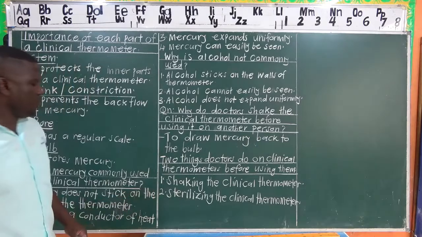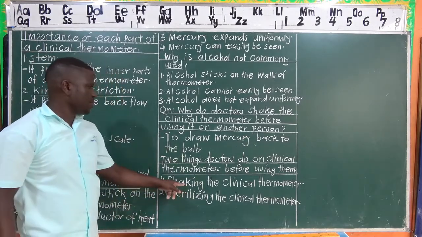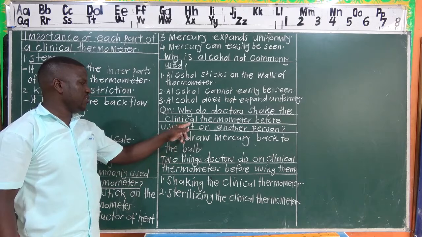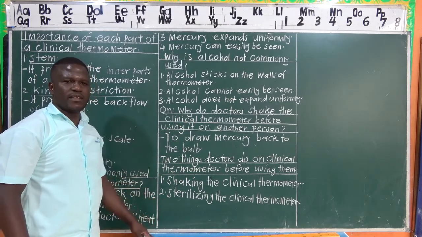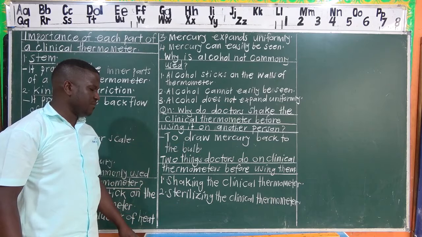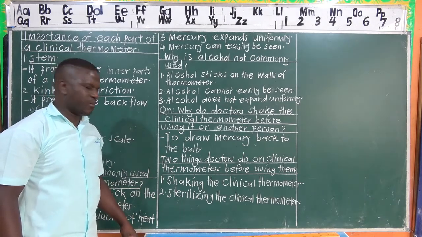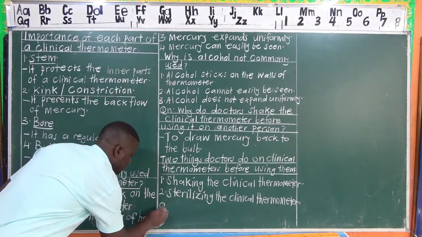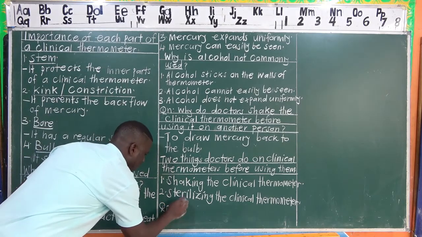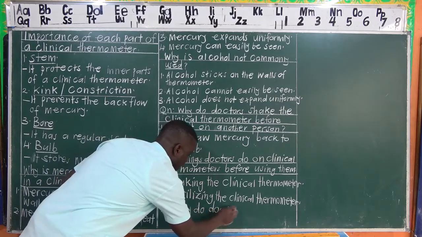Now, why do they shake? The reason why they shake is to draw mercury back to the bulb. Why do they sterilize? Sterilization is done to prevent infections.